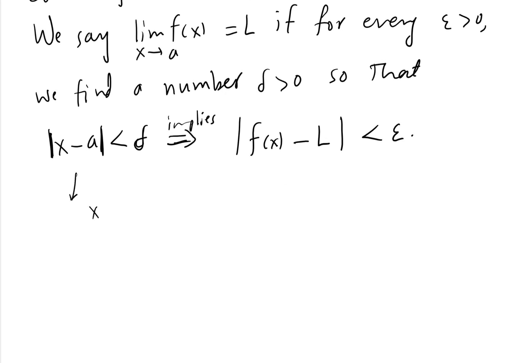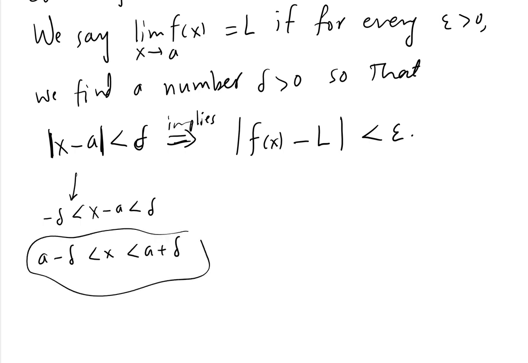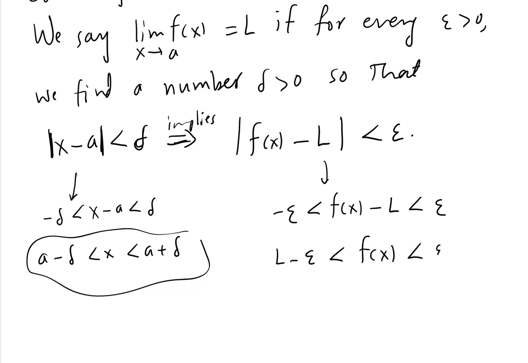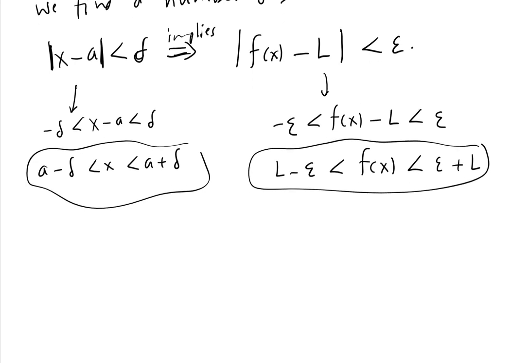If I want to break the absolute value, this is less than delta and bigger than negative delta. If you add a to all sides, you get this. Let's keep this in mind for now. Let's do the same thing for this one. Add L to all sides. And let's keep this as well.